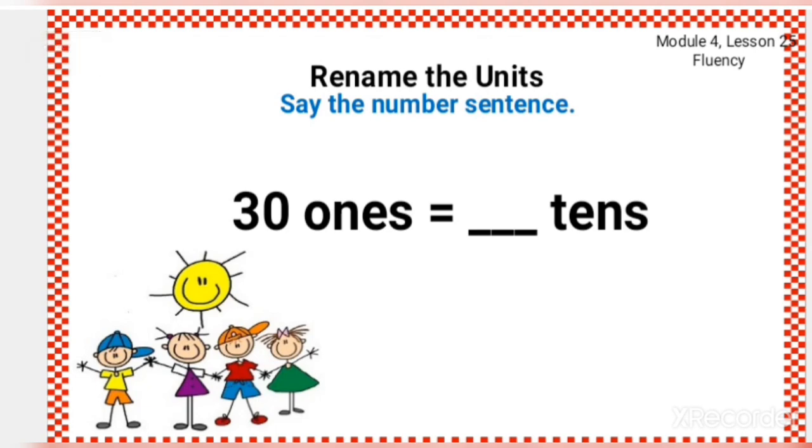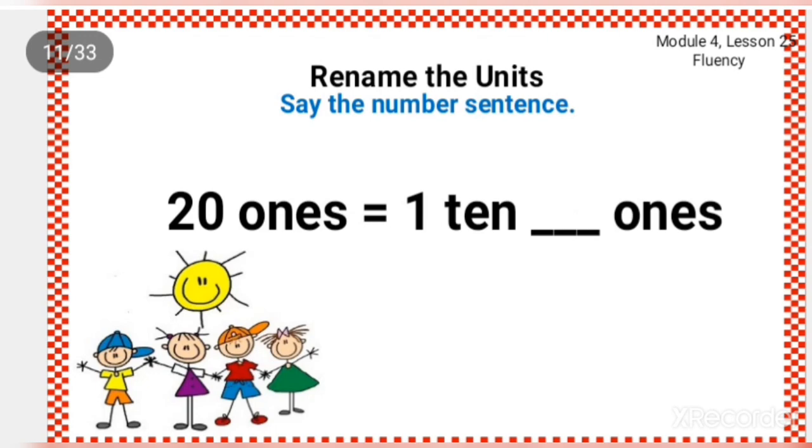Okay, now what if we go further and say rename the units? You're going to tell me the number sentence. 30 ones is equal to 3 tens. Lovely. And then 20 ones is equal to 1 ten and how many ones? 10 ones.